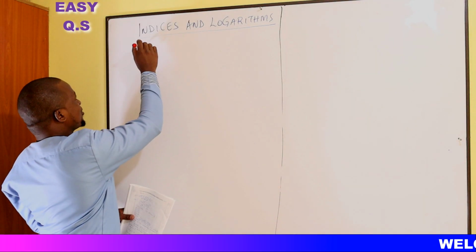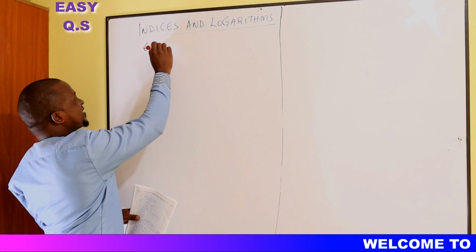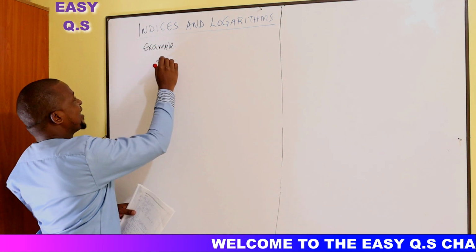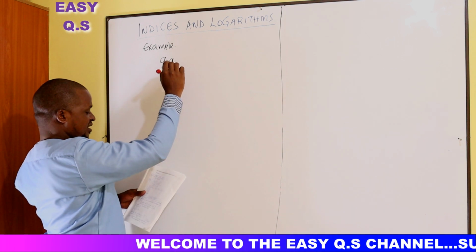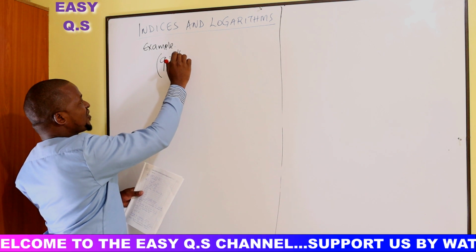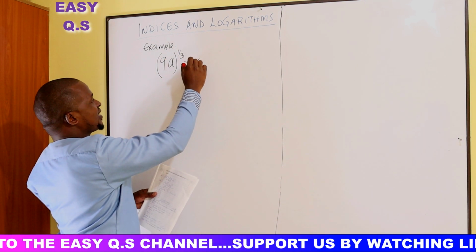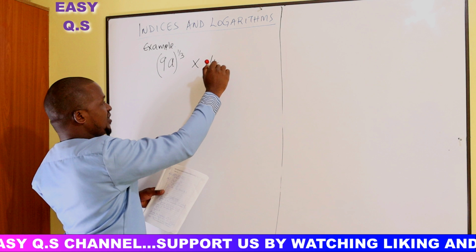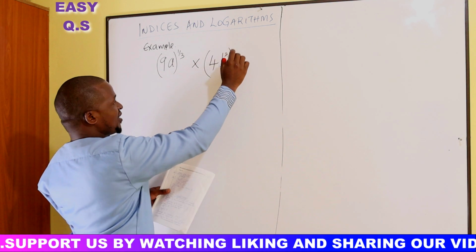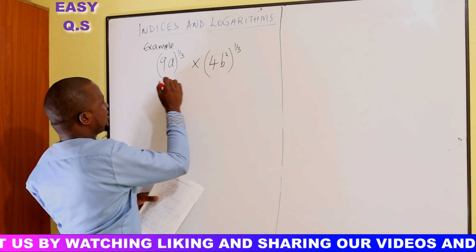So the first example we are going to do on indices: we have (9a) all raised to power 1 over 3, times (4b squared) all raised to power 1 over 3.